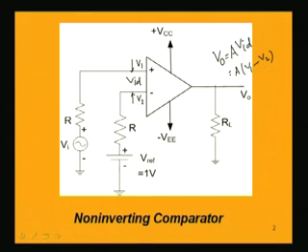So, VCC and VEE will be plus 15 and minus 15 accordingly. Even though we may have a very high gain around 2 into 10 to the power 5, it will not be physically possible to get such a high voltage, because the output will be saturated by this supply voltage.